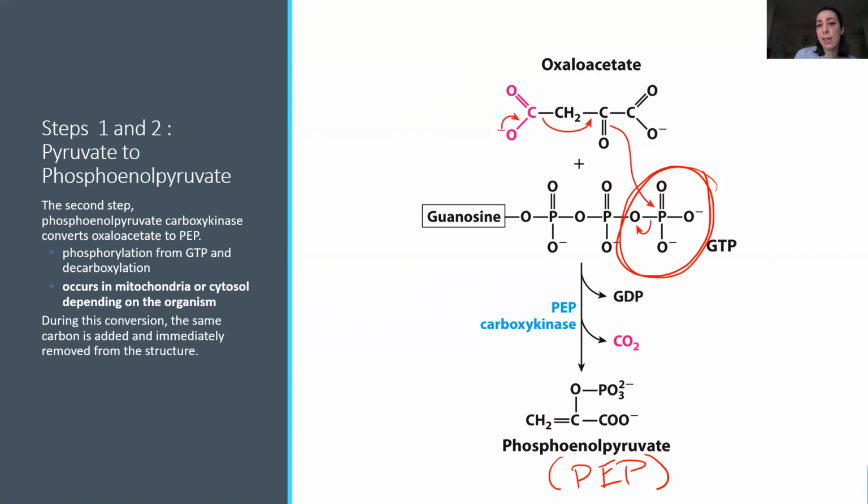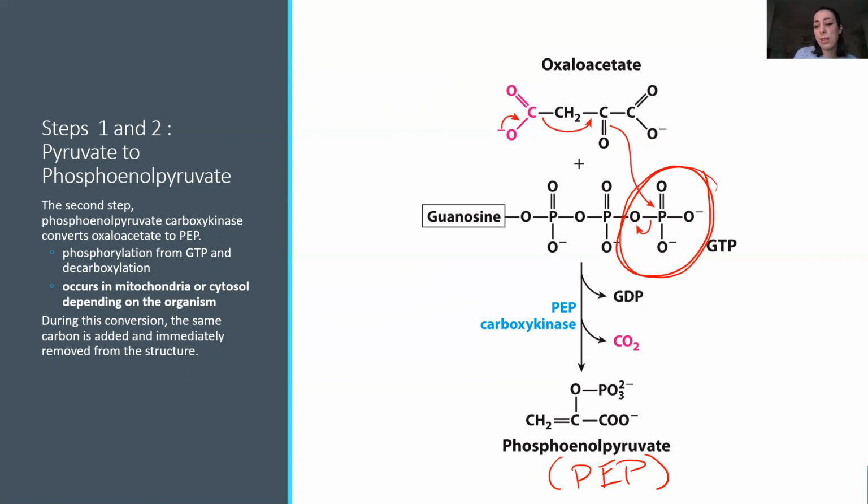So remember again that the first step of making oxaloacetate only occurs in the mitochondria. And then this step occurs in the cytosol. And again, all of the other steps of our glycolysis and the other steps of gluconeogenesis, all of those occur in the cytosol.